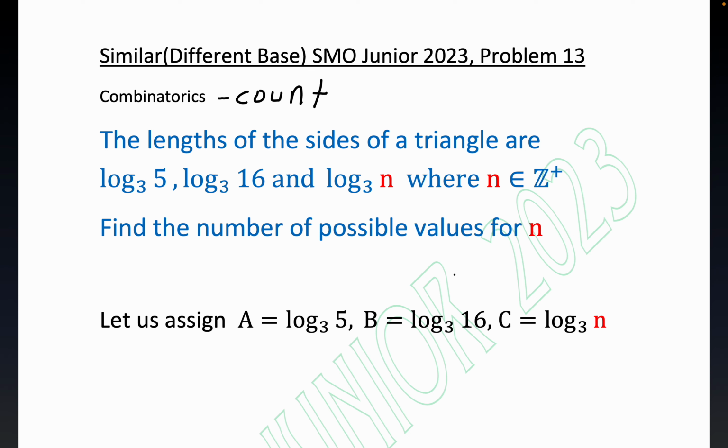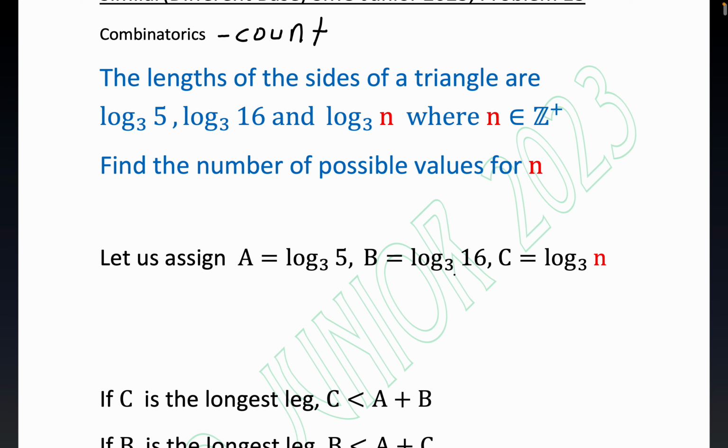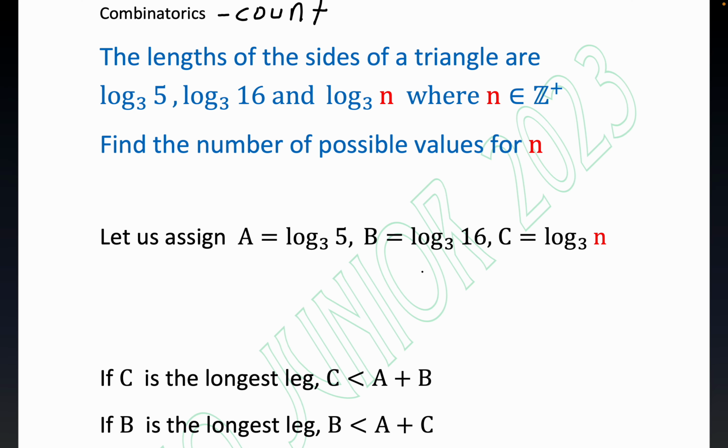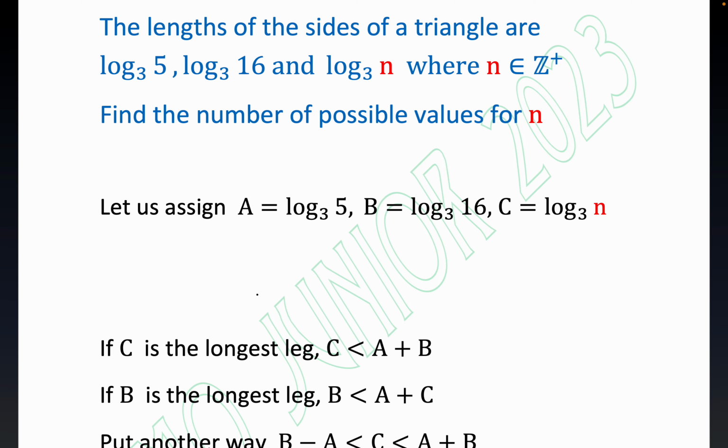Well, this just begs for using the triangle inequality, and I'm assigning these values a, b, and c, so we don't have to keep writing these things down all the time. These two statements down here are a consequence of the triangle inequality. It says that unless it's a line or a degenerate triangle, the longest side is always going to be less than the sum of the other two sides.